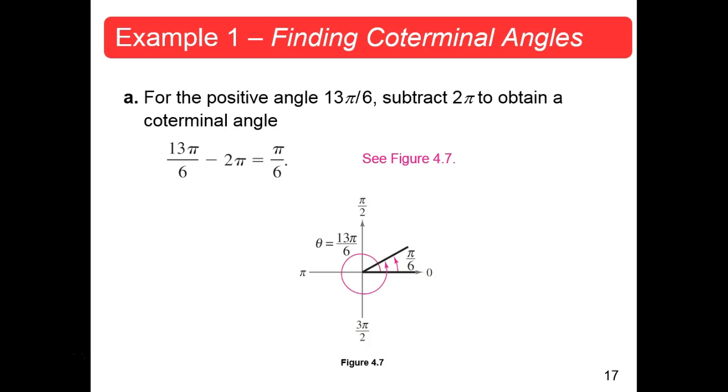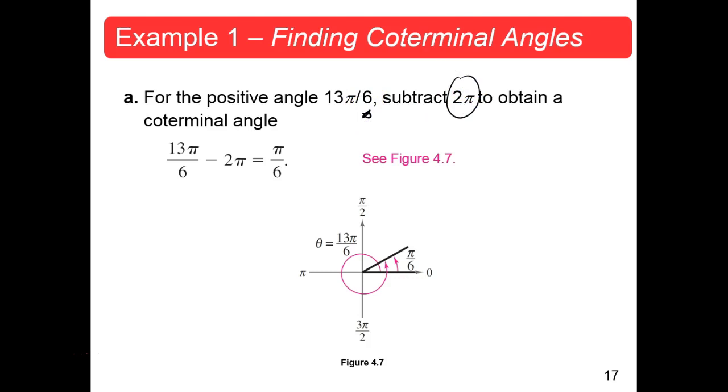For the positive angle, 13π/6, it says subtract 2π to obtain a coterminal angle. Now, I don't like the way they did that, because to me that is not obvious. This is more obvious. What is 2π in terms of sixths of a π?